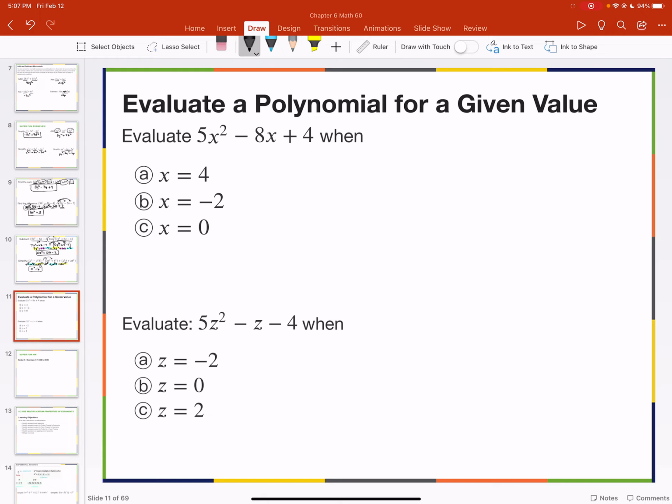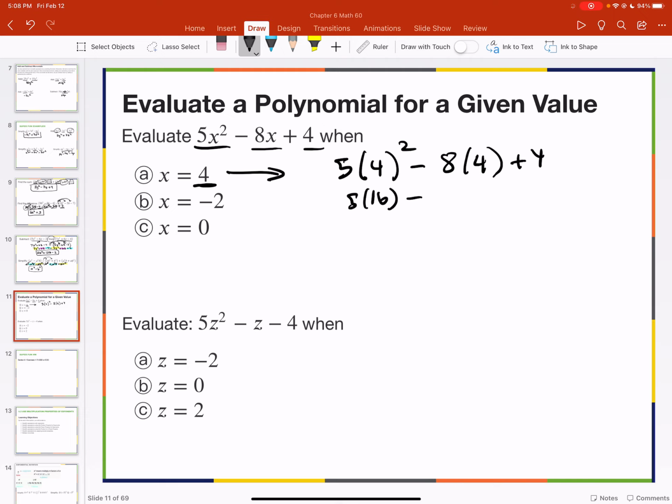So let's say here we have 5x squared minus 8x plus 4, and then x is equal to 4. So we have 5 times 4 squared minus 8 times 4 plus 4, see? And then we just solve that using order of operations. We have 5 times 16 minus 32 plus 4.